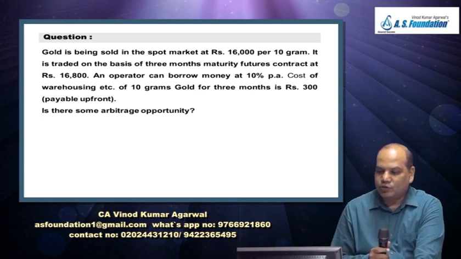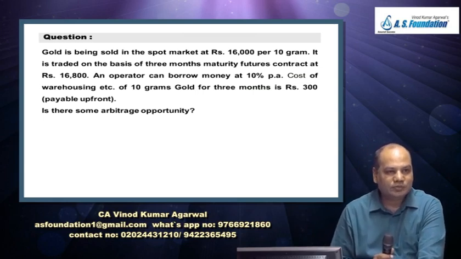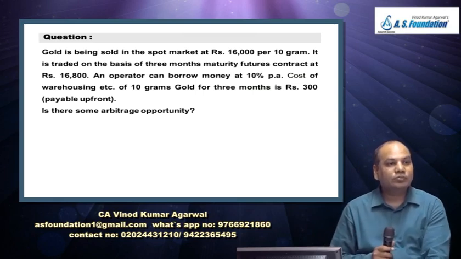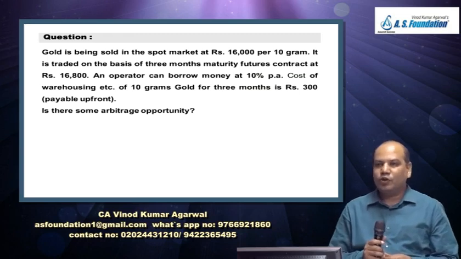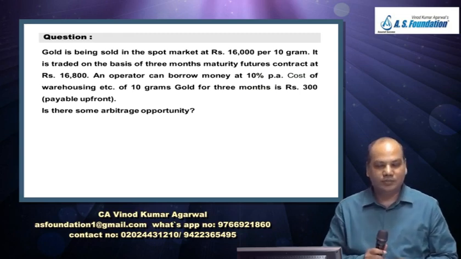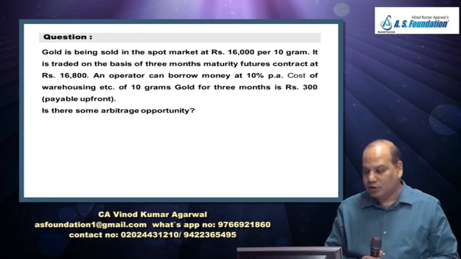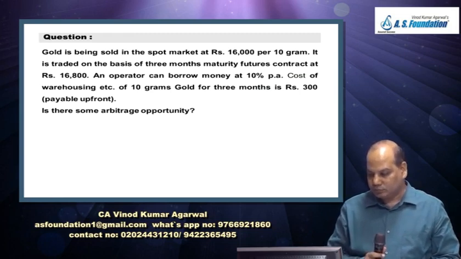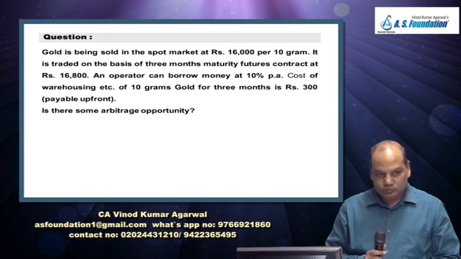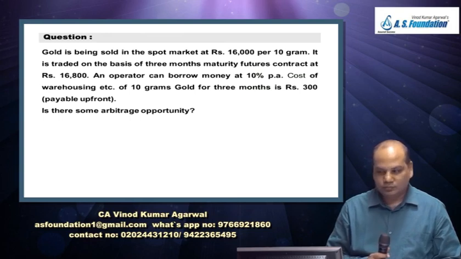If nothing is given, assume continuous compounding, formula e to the power RT. Cost of warehousing of 10 grams gold for 3 months is rupees 300, payable upfront.